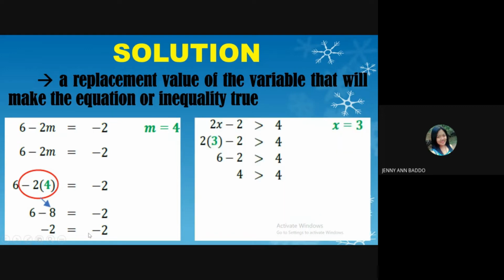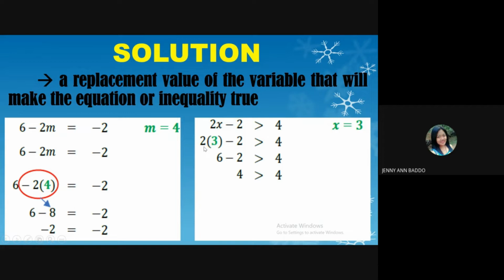Another example, 2x minus 2 is greater than 4. Let us determine if 3 is a solution of the given inequality. So we have 2 times the value of x, which is 3, minus 2 is greater than 4.